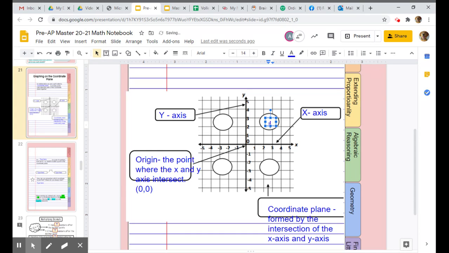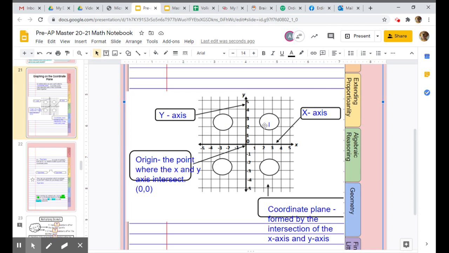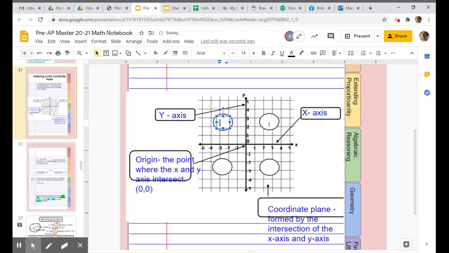So we're going to say quadrant I. The second one, we're going to go in a circle to the left. So we're going to go to the top left one, and that is going to be quadrant 2. We're going to label it II, because II equals 2. So that is quadrant 2.